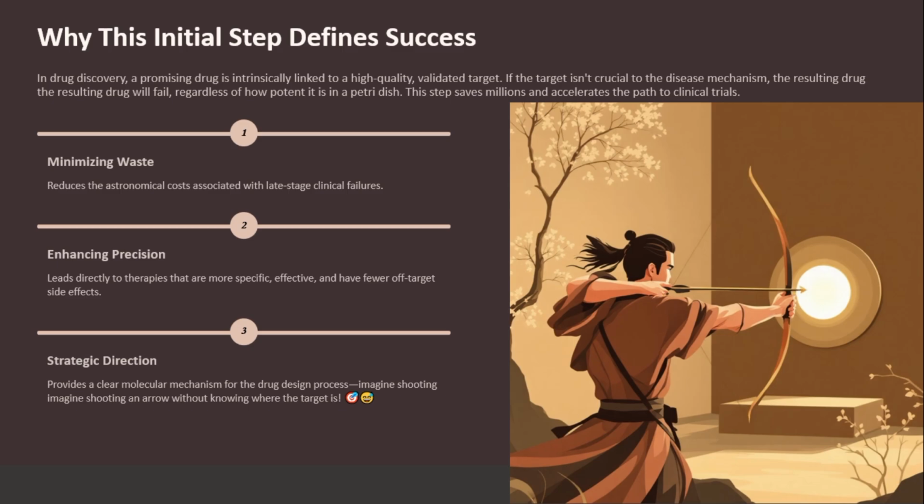So the goals are minimizing waste, enhancing precision, and strategic direction, providing a clear molecular mechanism for the drug design process. Imagine shooting an arrow without knowing where the target is. Then you will make someone else blind if you do target identification blindly.